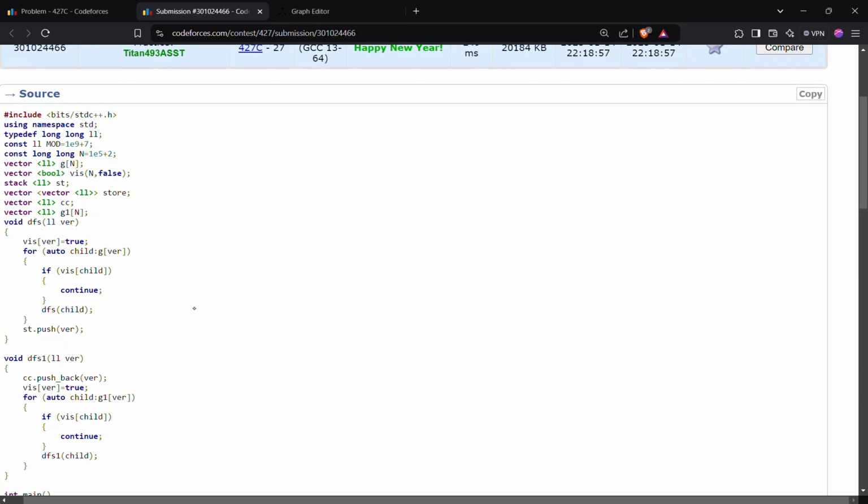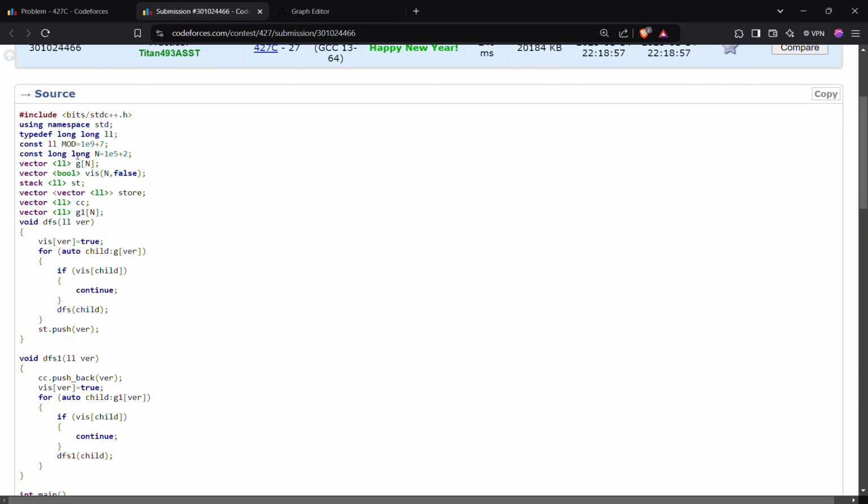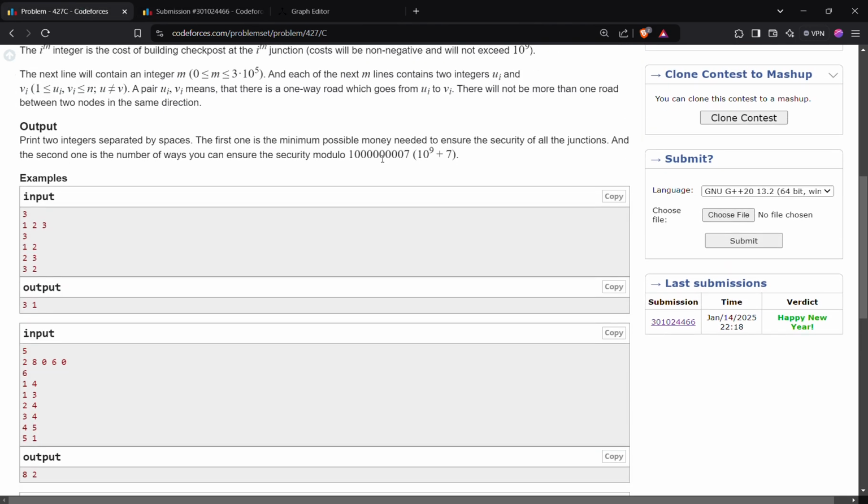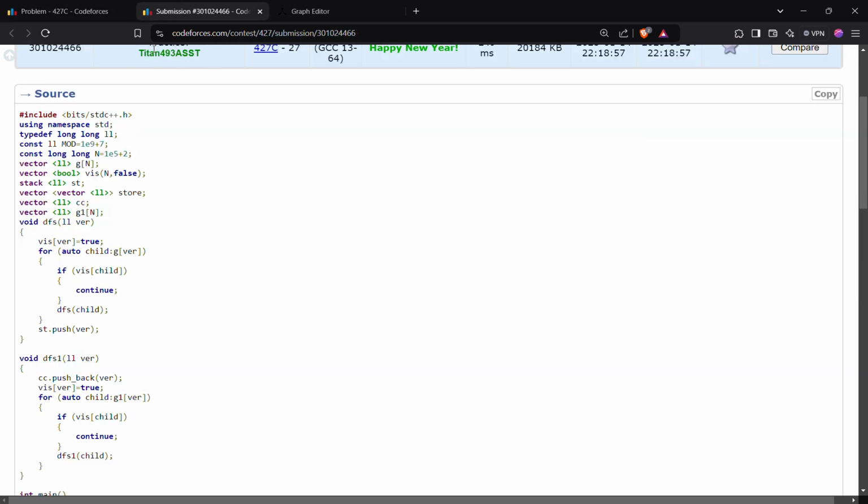Okay, so mod is for this thing. We have to do the modulus operation for the second argument of our answer. n is basically the maximum n that we will have, and this is the straight graph. By straight I mean without reversed edges.